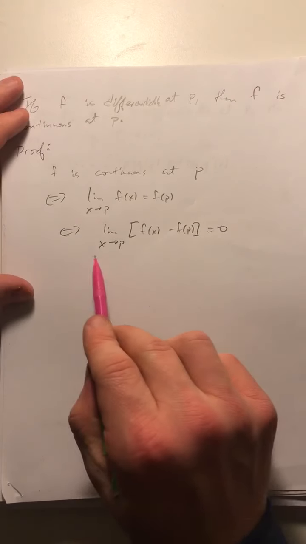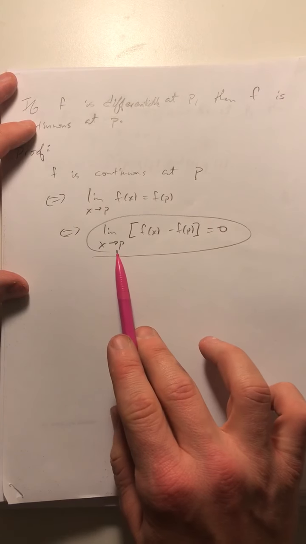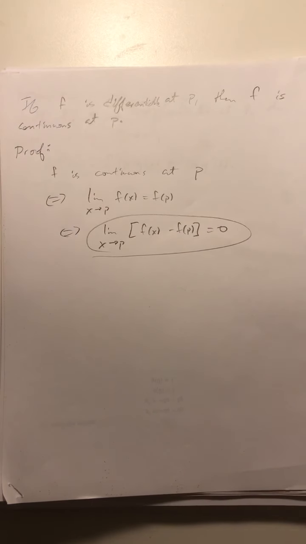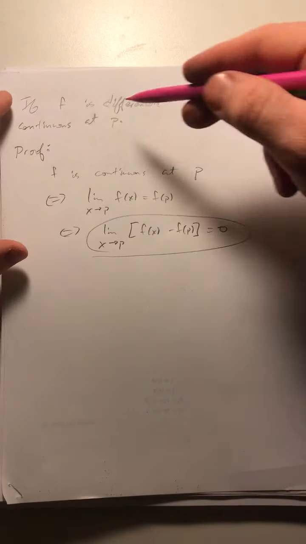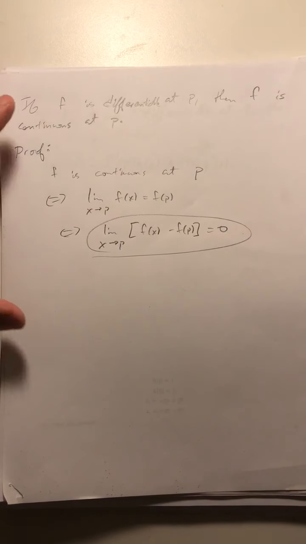So this is a characterization of continuity at p. So f is continuous at p if and only if the limit as x goes to p of f of x minus f of p is 0. So I'm going to use this characterization to prove that if a function is differentiable at p, then it must satisfy this condition, which means it's continuous at p.